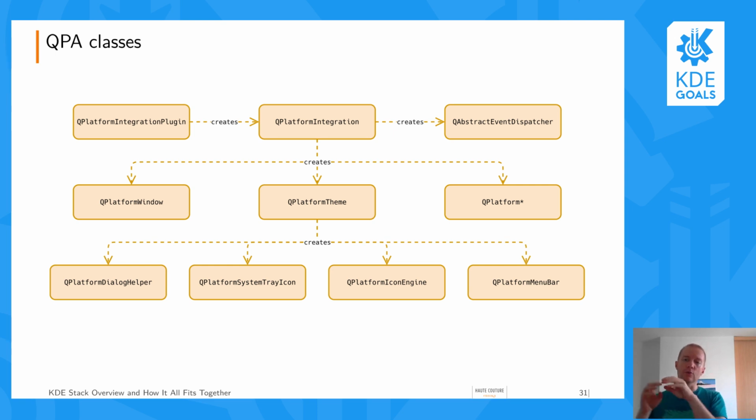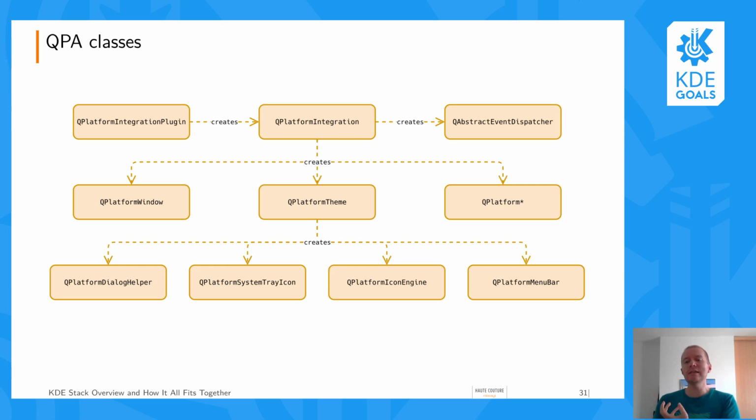So that's where we get our second level of plugin system, and that's where it would become interesting for a workspace like Plasma. And the platform theme will be responsible for creating more resources, platform-specific resources, like the QPlatformDialogHelper. That one is the one responsible, for instance, of creating the file dialog or the print dialog and so on.